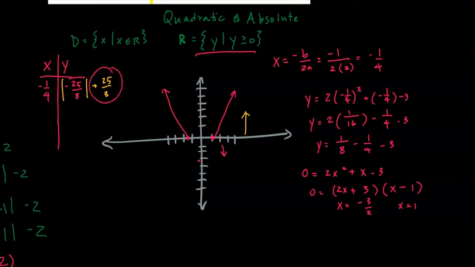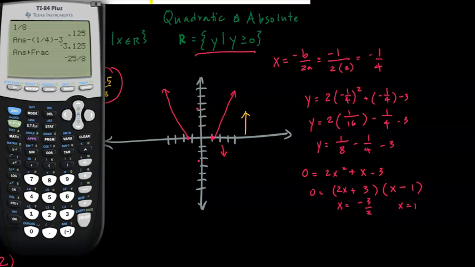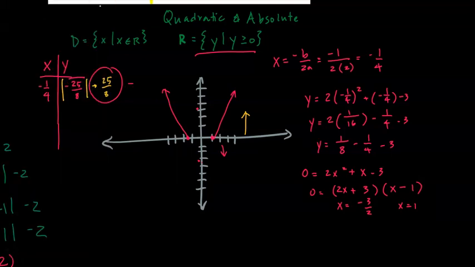So now it's negative 1/4 and 1, 2, 3 somewhere right here. Okay, it's going to be negative 0.25 and it's going to be a positive 3.125. So this is going to be a positive 3.125. So somewhere around there. And then you could just connect these.